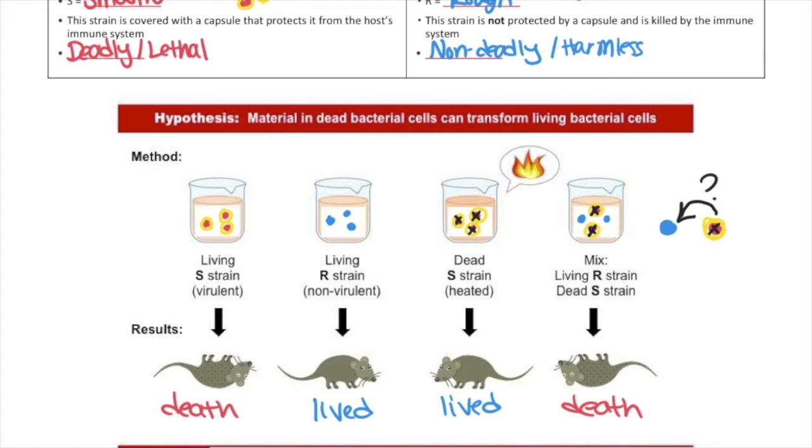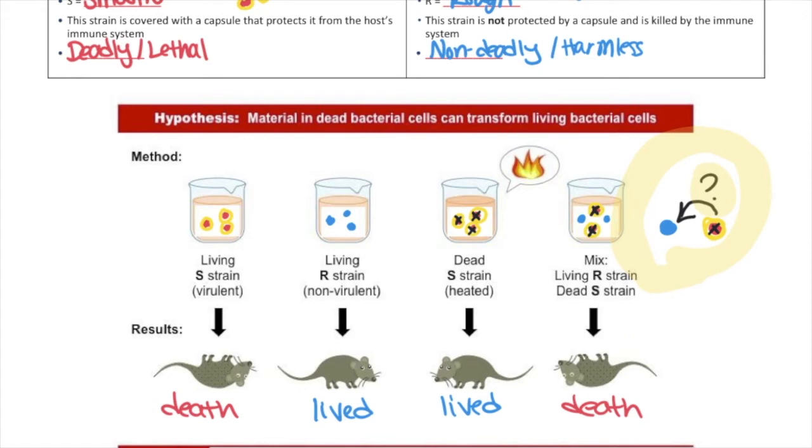What from that deadly strain of bacteria is being inserted into the harmless blue strain of bacteria? So his conclusion is that something is transforming the harmless strain of bacteria into a deadly strain. Some kind of molecule right here is going from one cell to the other.